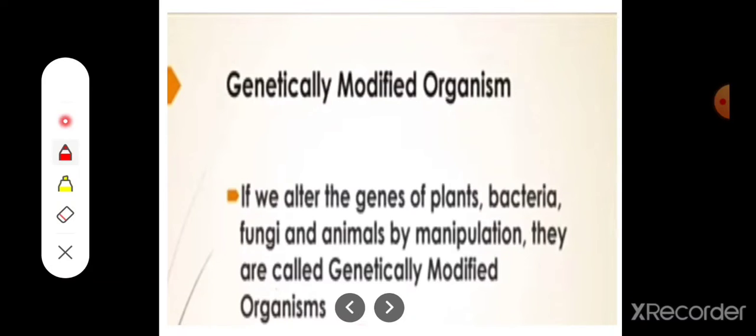If we alter the gene of a plant, bacteria, fungi or animal by manipulation, if we change the gene of any organism, it can be a bacterium, a plant or an animal, then when we bring about any alteration in the gene by manipulation, that is by human intervention, these organisms are called genetically modified organisms, which is also denoted as GMO.